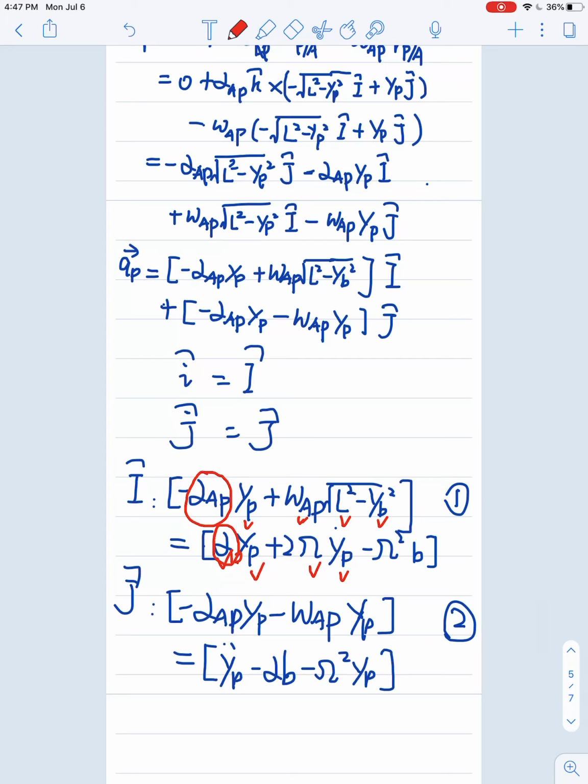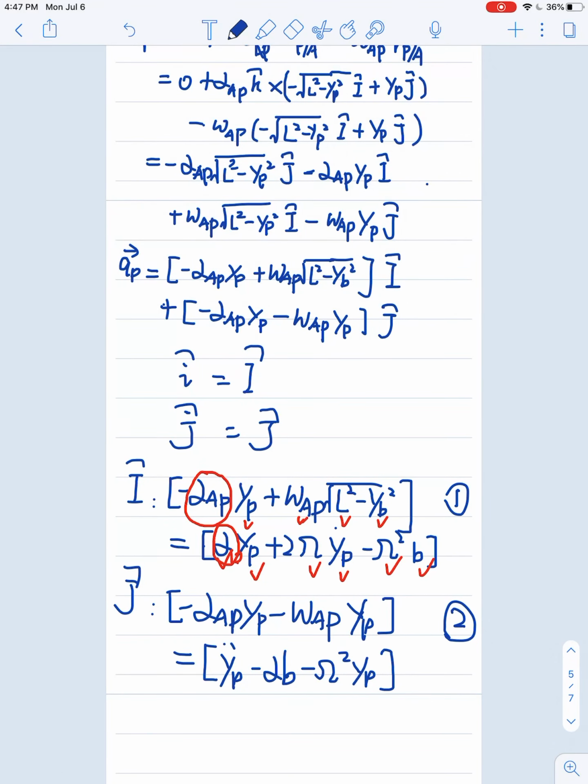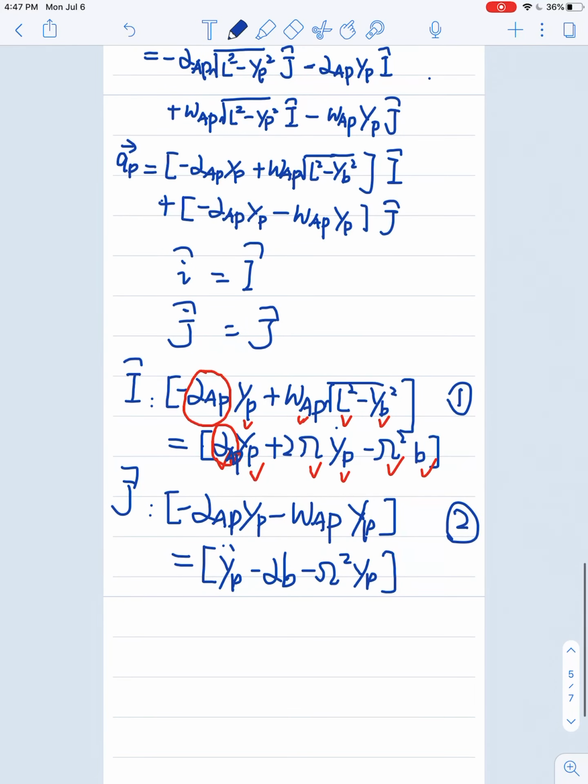We know YP, we know omega, YP dot is solved, so alpha AP is the only unknown we need to solve from equation 1.